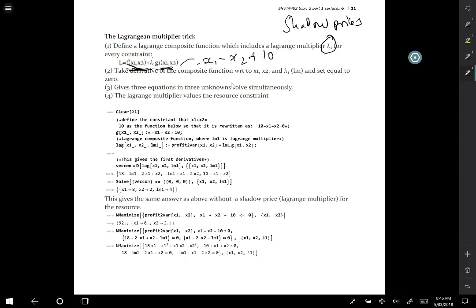You then take the derivative of the composite function with respect to x1, x2 and lambda 1 and set it equal to 0, and in this case that gives you three equations in three unknowns, and you can solve that simultaneously. The Lagrange multiplier gives you the shadow price of the resource constraint, or of the constraint. It might not necessarily be a resource constraint.